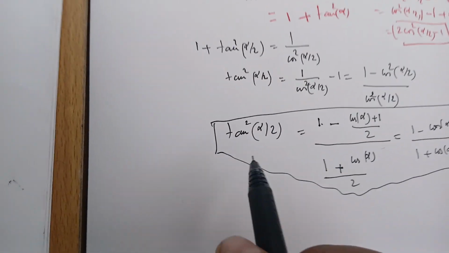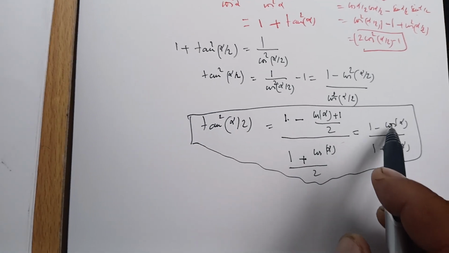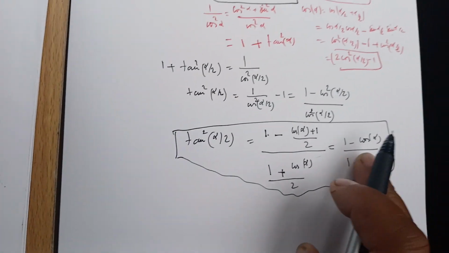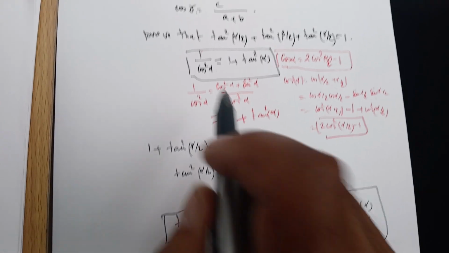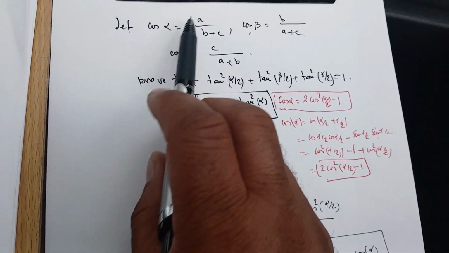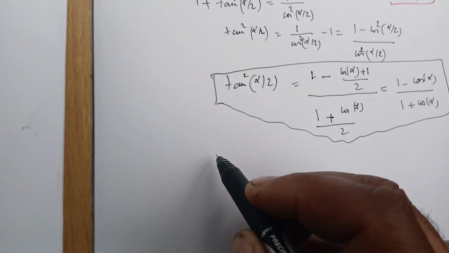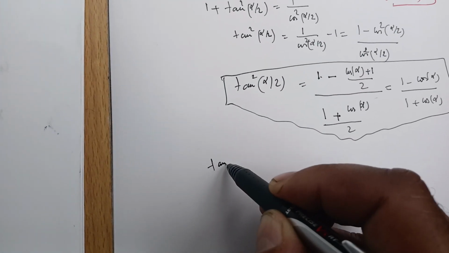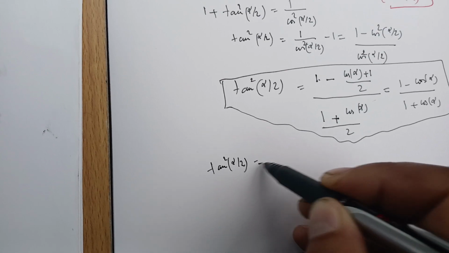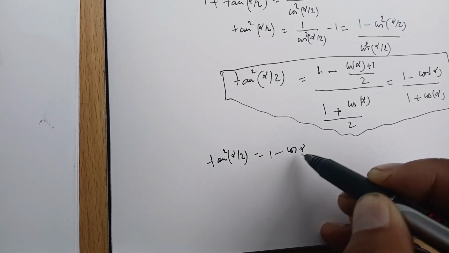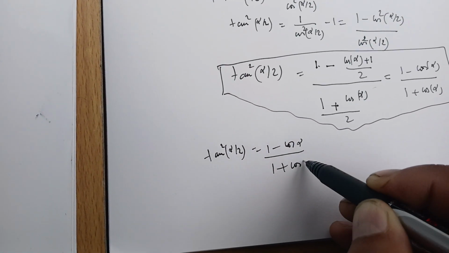Okay, so tangent squared of alpha over 2 is just this one. So now let's compute it in terms of the problem. We have cosine alpha is just a over b plus c. So here we have this result. So tangent squared of alpha over 2 is 1 minus cosine alpha over 1 plus cosine alpha.